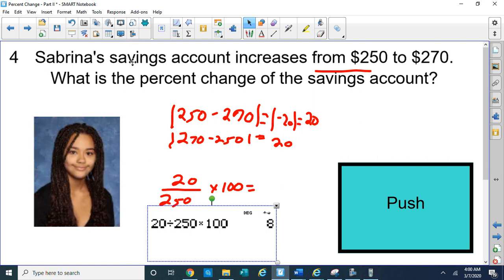So Sabrina's percent of change was 8%. So let me just get my pen up there.